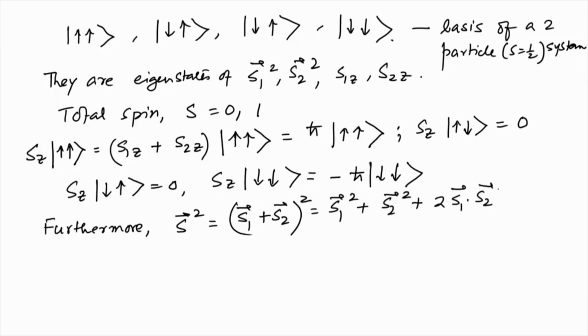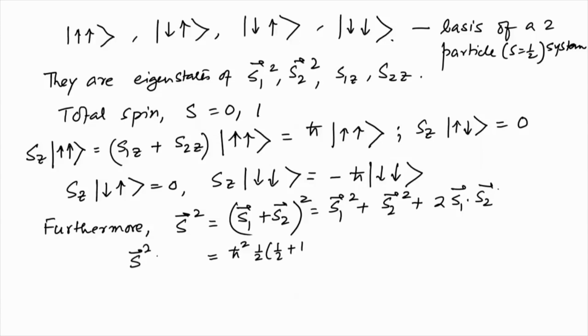S1 and S2 will commute with each other because they pertain to different particles. So, S1 square will be ħ square times half into half plus 1, and similarly for S2 square.